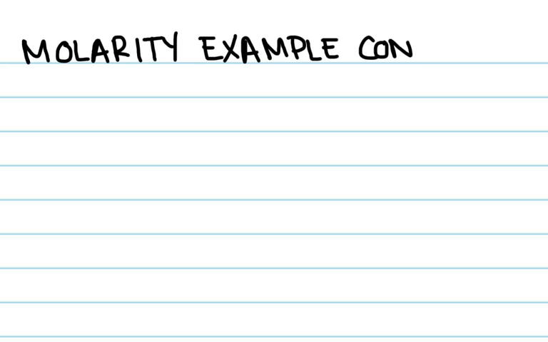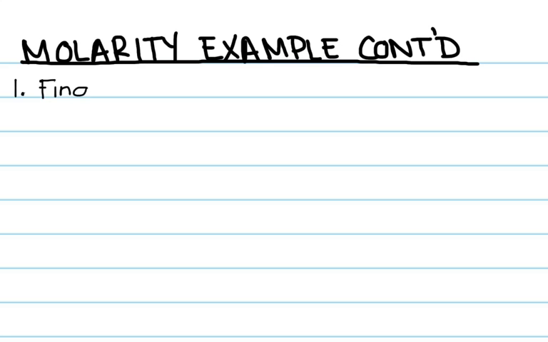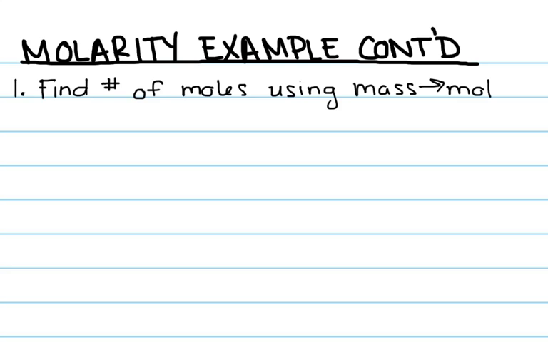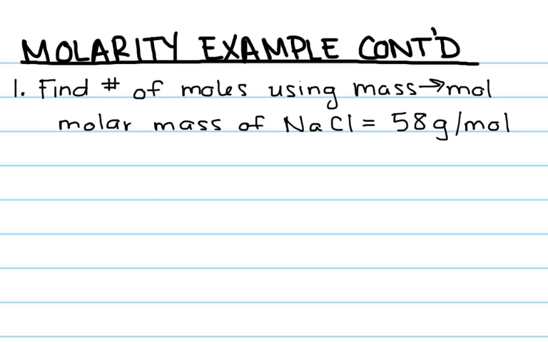So let's continue. Molarity example continued. The first thing we want to do is find the number of moles using a mass to mole conversion. We did those in the last unit. The molar mass of sodium chloride is 58 grams per mole. They gave us 12.5 grams in the question.